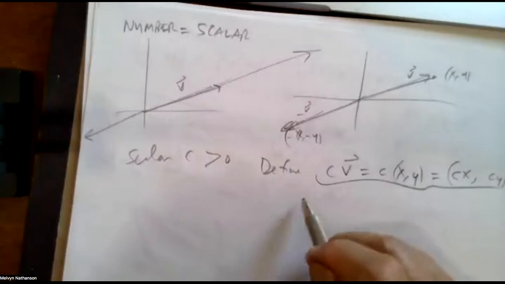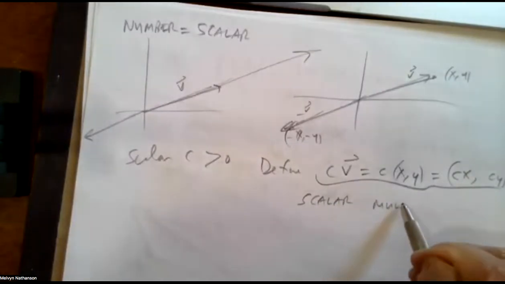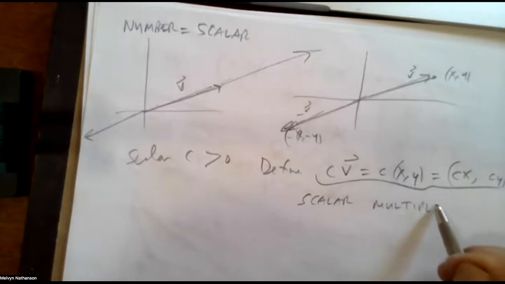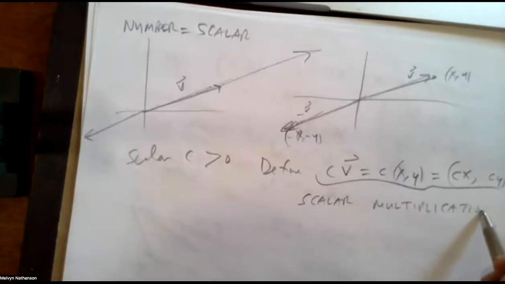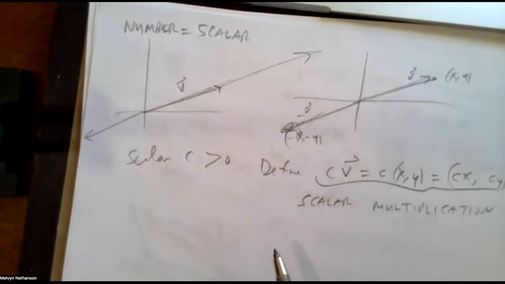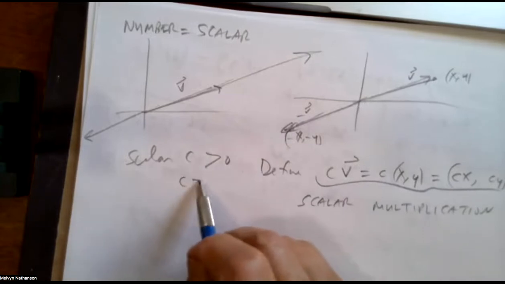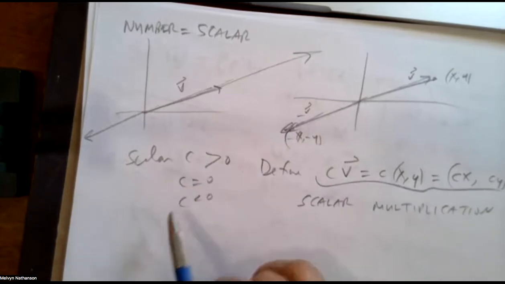So this operation is called scalar multiplication. We're not multiplying two vectors, but we're multiplying one vector by one scalar. And this works whether c is positive or 0 or negative.